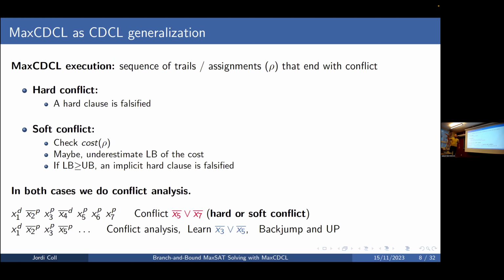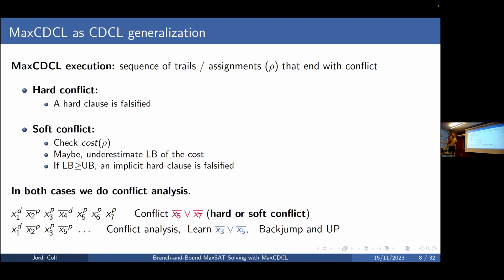Right? So we will do many attempts, and we will finish when either we falsify a clause at level 0, or when we find a full assignment that satisfies all clauses. This is basically what a CDCL solver does. MaxCDCL does the same. But I present now some nomenclature.